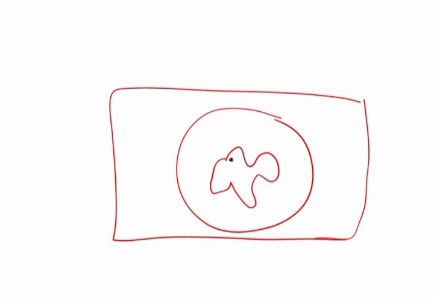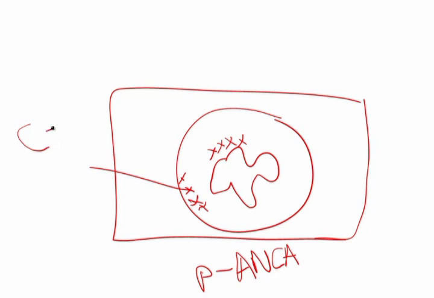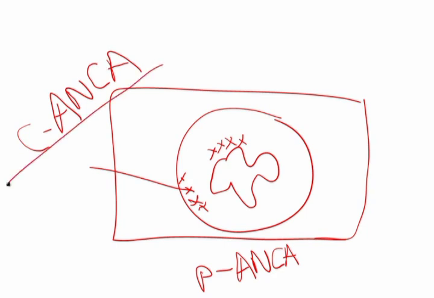Those anti-neutrophil antibodies can be present adjacent to the nucleus, which is called a p-ANCA, or perinuclear anti-neutrophil cytoplasmic antibody, or the antibodies can react with something that is in the periphery of the cytoplasm. And these are called the c-ANCA, or cytoplasmic anti-neutrophil cytoplasmic antibody. And so these are the two possibilities, and of course c-ANCA is related to Wegener's granulomatosis.